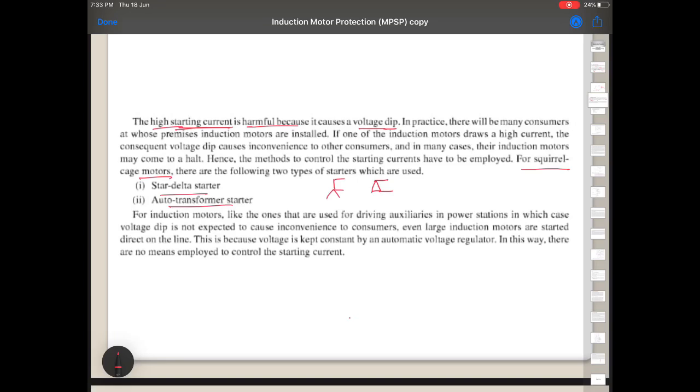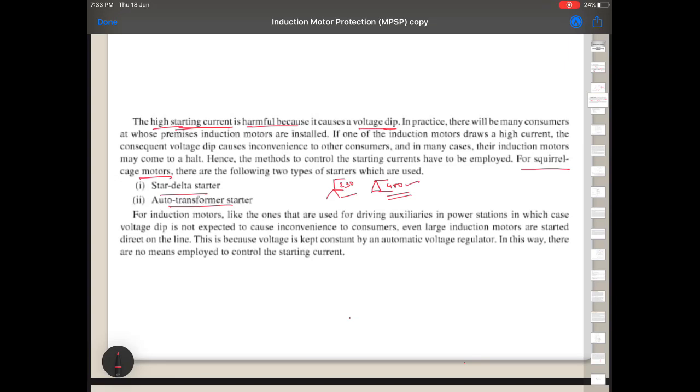In delta the voltage is more, it is 400 volts, it is 230 volts here. Since it is delta during running, we have high voltage, then it draws high current. So to limit the starting current, initially low voltage is given, that is star connection, and during running condition high voltage is given so that it can draw the rated current, because those are rated for 415.